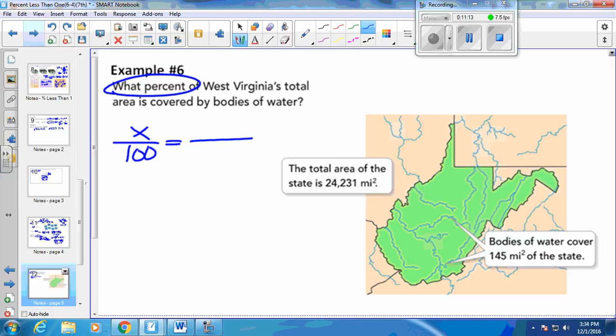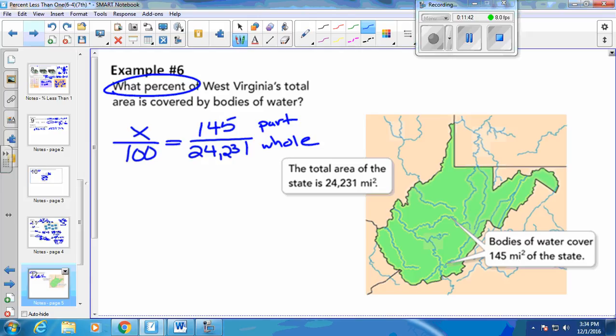So the total area, that definitely sounds like that's going to be my original. The total area is the whole amount, the whole land of West Virginia. And then the bodies of water that cover it are roughly 145. So my part divided by the whole. That's how I knew to set that one up.